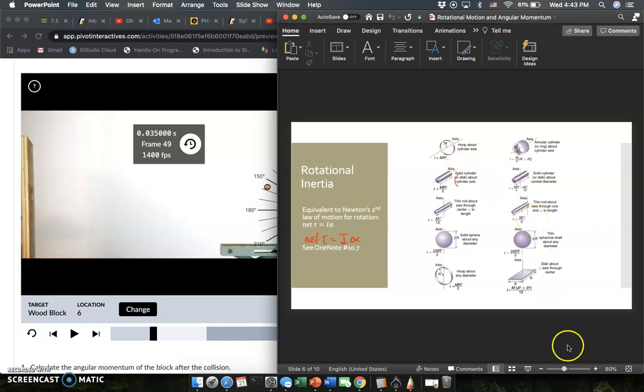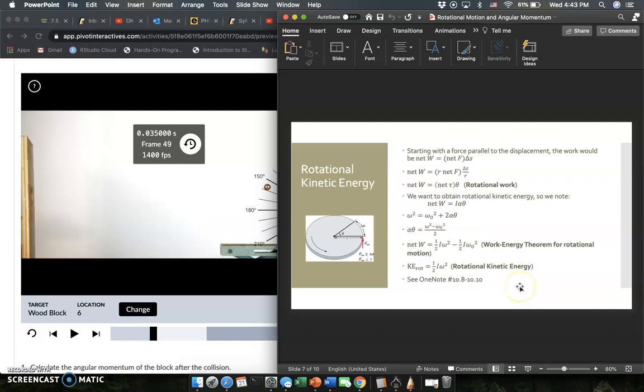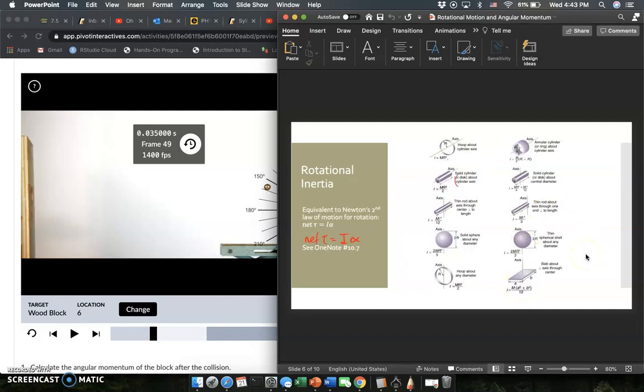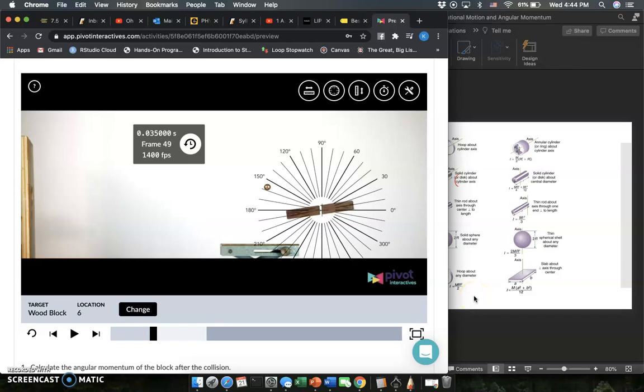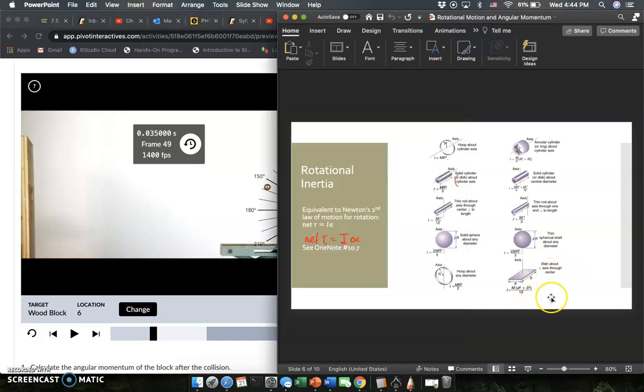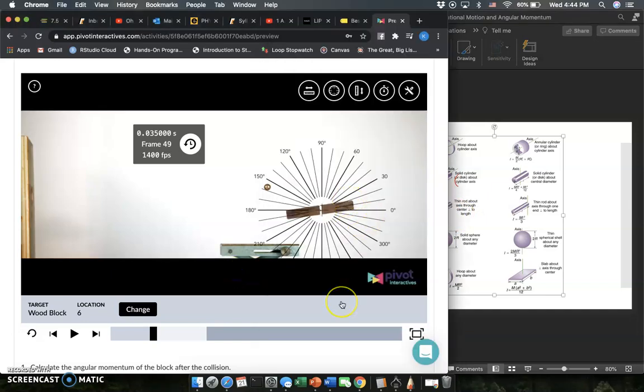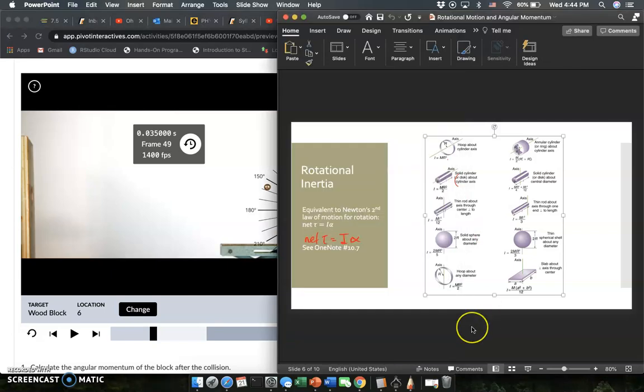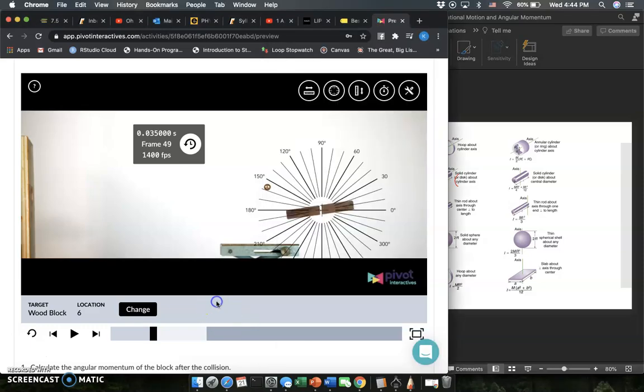You can treat that as a slab about the perpendicular axis through the center. Or I would say just treat it as a thin rod. That would probably be the easiest way to do it. That's how I would do it.